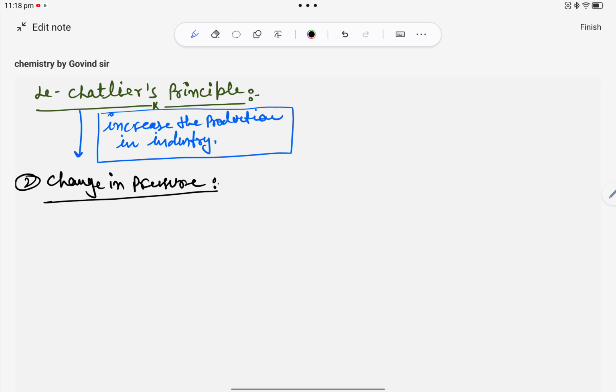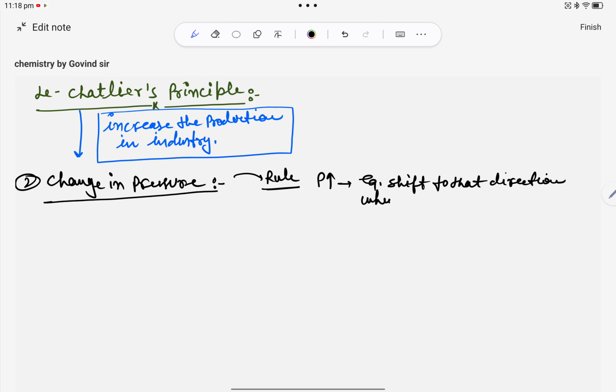If you are changing the pressure, first I am telling you the rule, then I will explain how it works. The rule is, if you increase the pressure, the equilibrium shifts to that direction which has less number of moles.